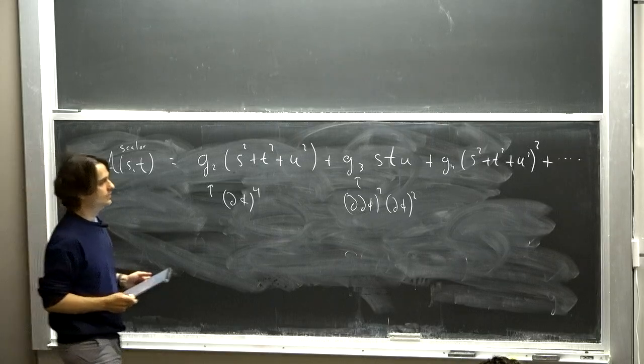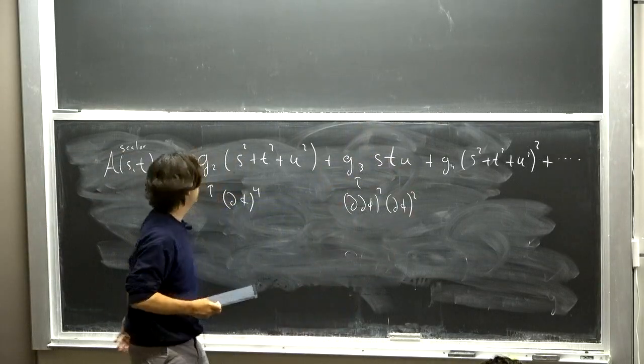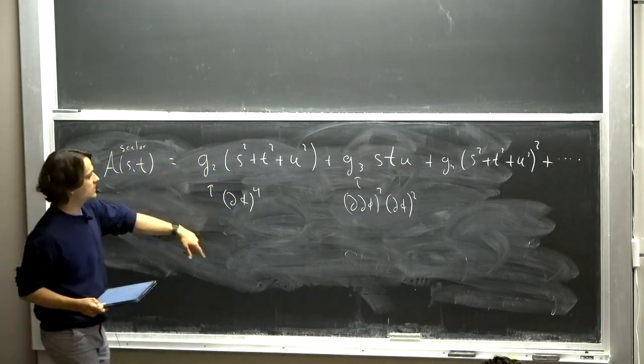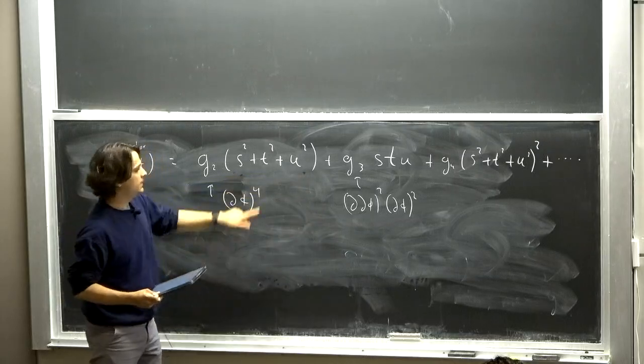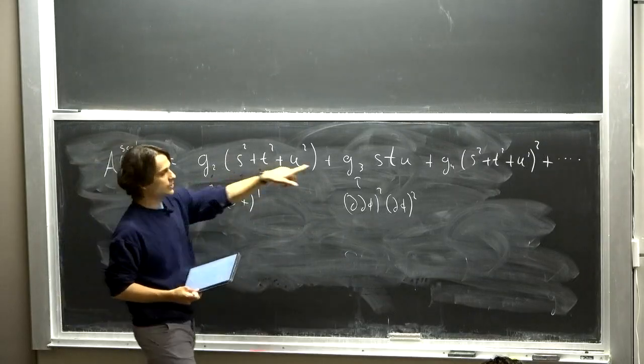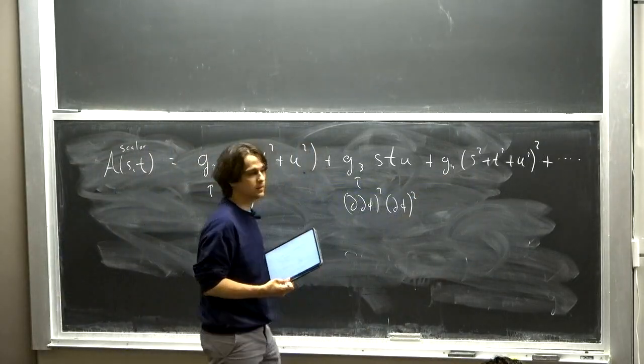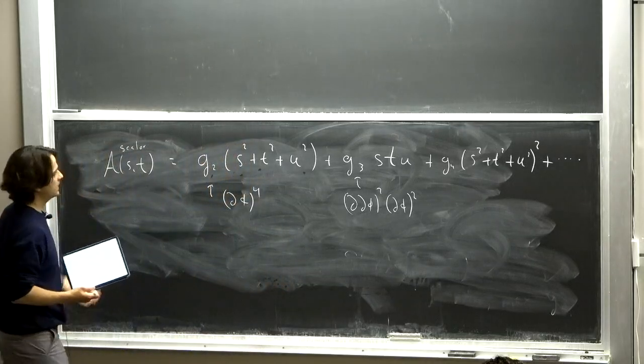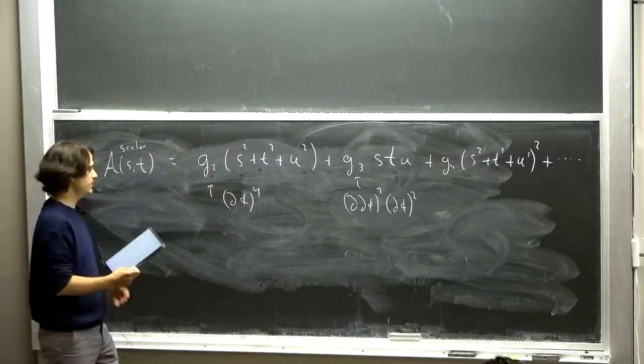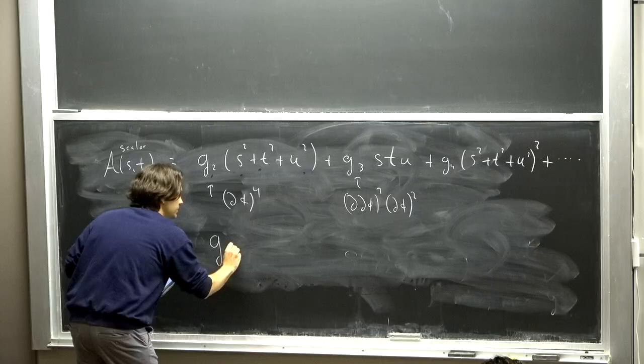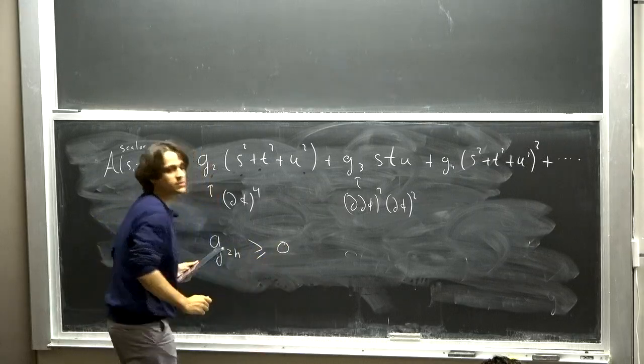Okay, so if we run through the argument, we take the forward limit that makes s equal to minus u, t to 0. So only the even terms survive in the forward limit. And then you pick up by taking derivatives any even term. So what we find is that g2n actually has to be strictly positive.